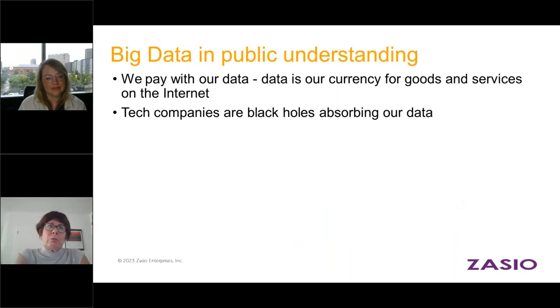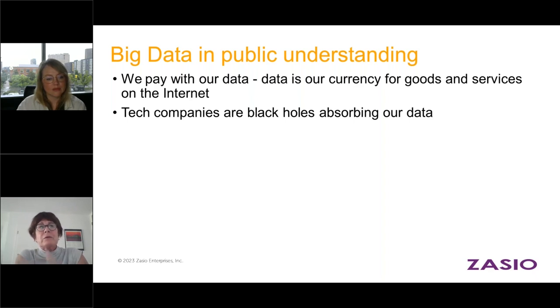Big data. So what is big data in our general public understanding? We pay with our data, so the data is the currency. We either pay by viewing commercials or pay for a licensing service. Typically, if you just want to use an app once in a while, you say, okay, I'll accept the advertisement.